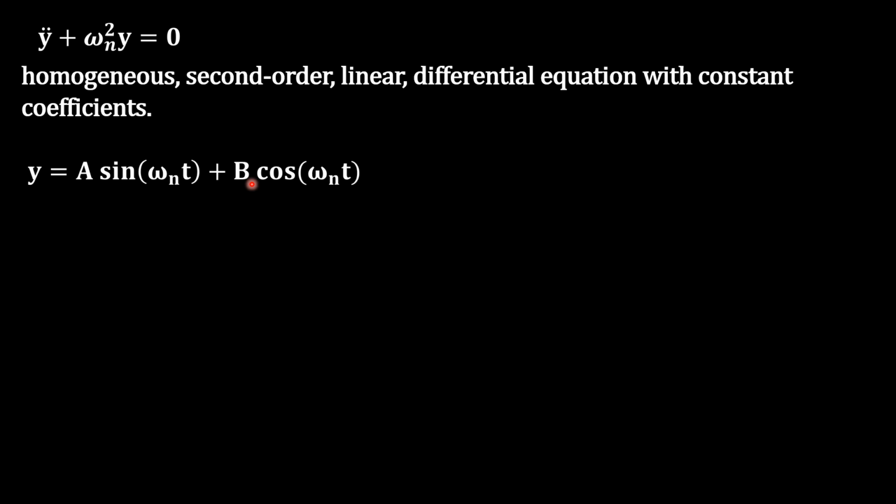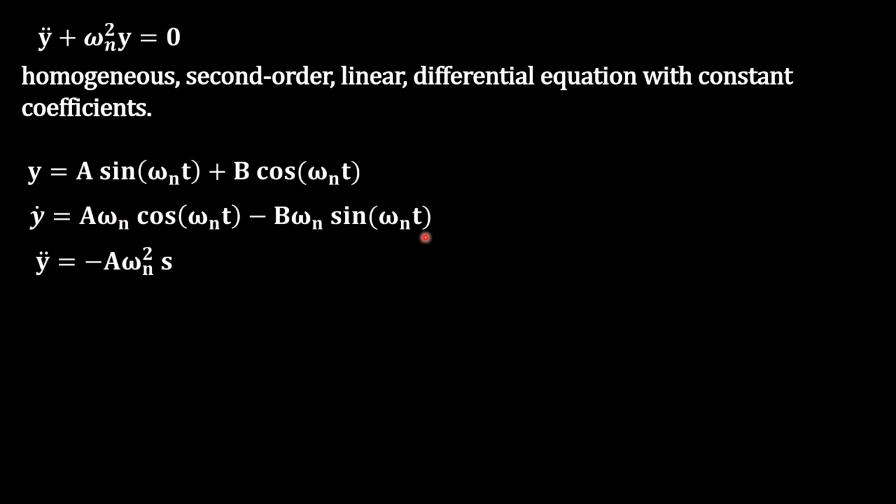To find an equation that represents the velocity of the block as it is vibrating with respect to time, all we have to do is differentiate this equation, and that gives us this. Now remember that the derivative of sine is cosine, and the derivative of cosine is negative sine, and here we use the chain rule. Same thing if we want to know the acceleration of the block with respect to time, we can take the derivative of the velocity function, and that's what we will get right here.